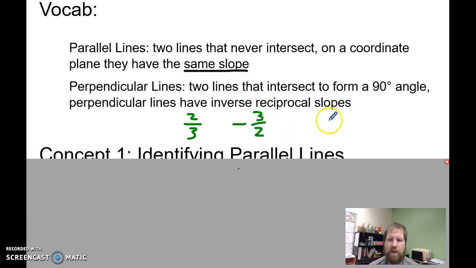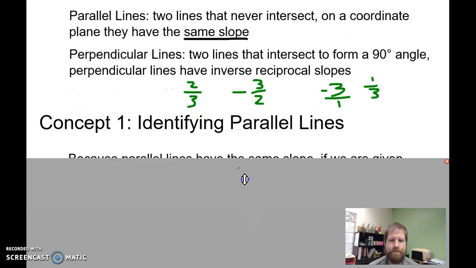Same thing if my first one is an integer, -3, my perpendicular slope is going to be a positive 1/3. I can drop the 1 in there so it's easier to see. So, inverse reciprocal slopes.